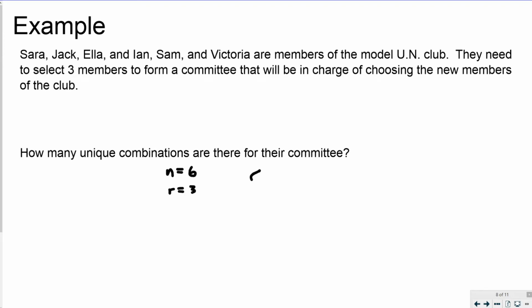So if I set up my formula for C(6, 3), I would get 6 factorial over 3 factorial times (6 minus 3) factorial, which simplifies to 6 factorial on the top over 3 factorial times 3 factorial on the bottom.